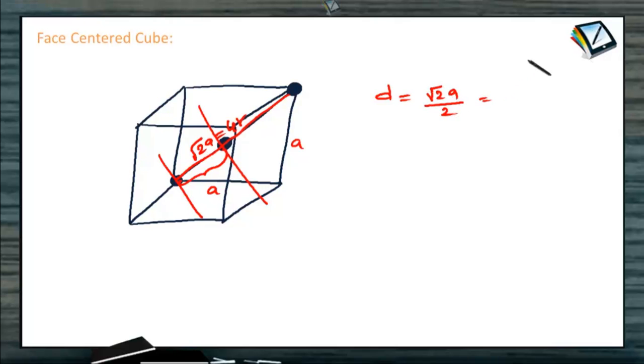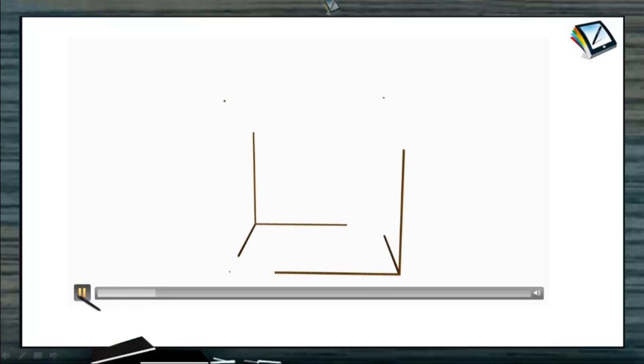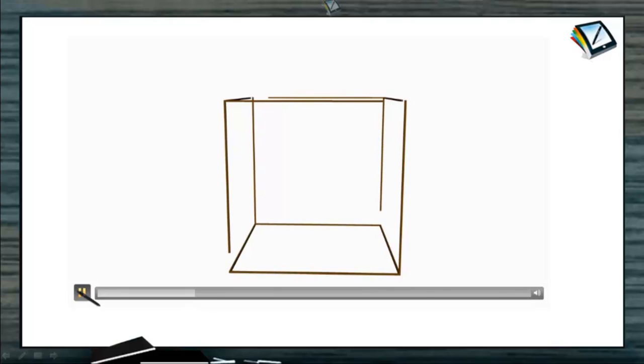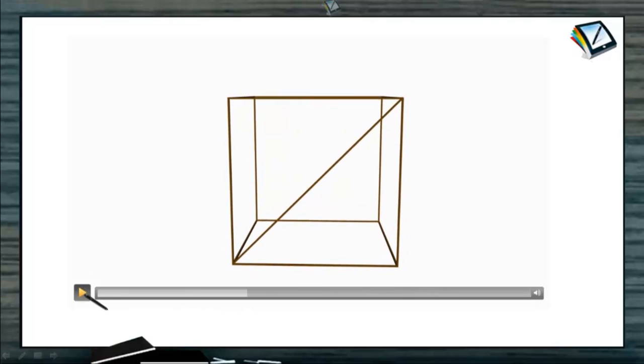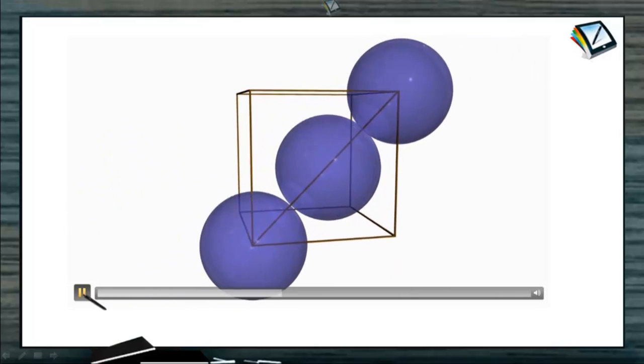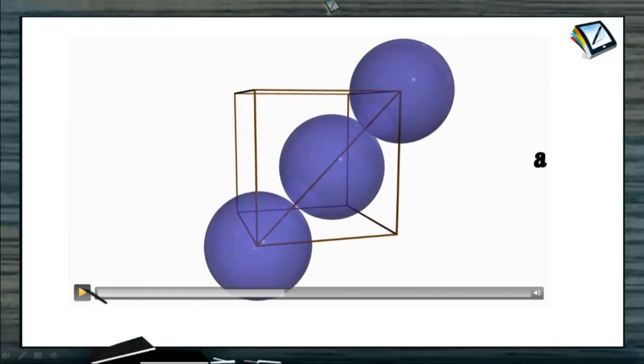In general, root 2 A, the face diagonal, is equal to 4R, so D is 4R by 2, that is 2R. That you can see in this animation. This is the unit cell which has corners and faces occupied by the atoms. This is the face diagonal, and these 3 atoms occupy the face diagonal. One is at the face and another one is a corner and another corner.